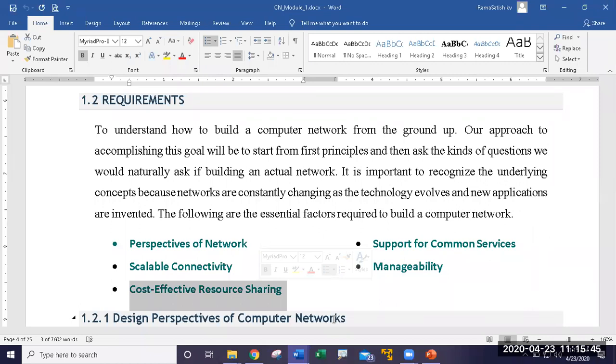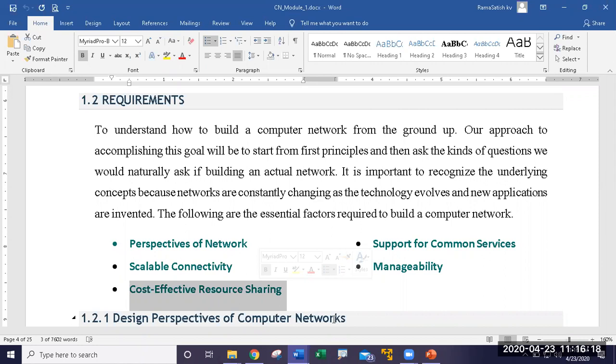There are many techniques that will be followed in order to efficiently share your network resources and make your network more and more effective. And support for common services: there may be a lot of services available through the internet, through the network, and all those services have to be supported.